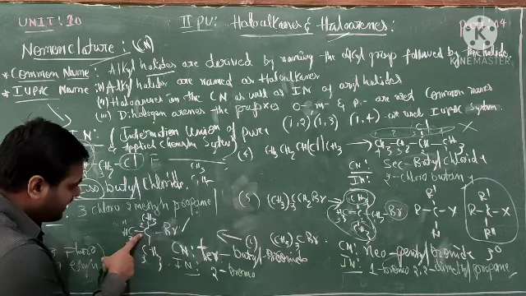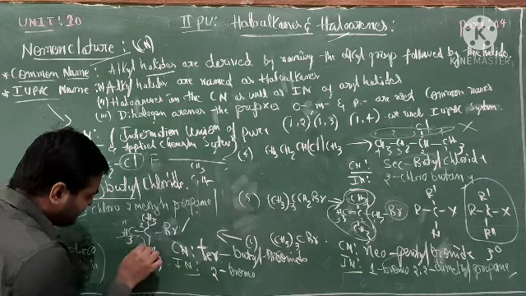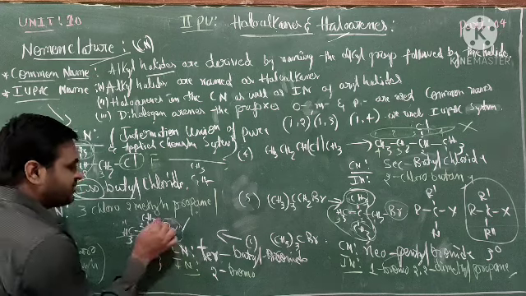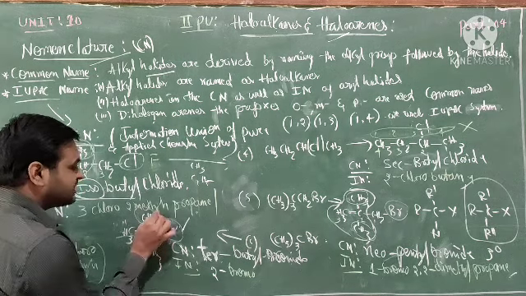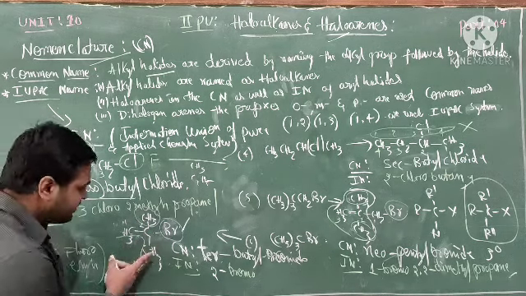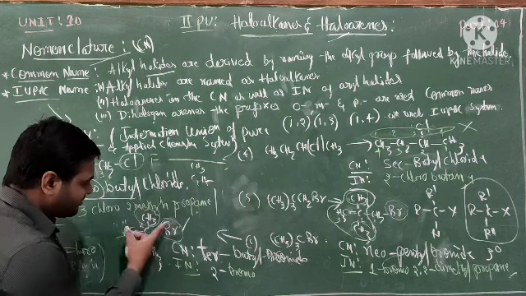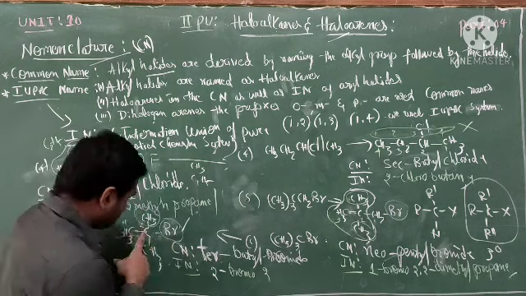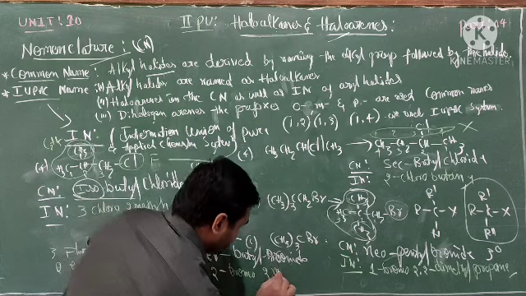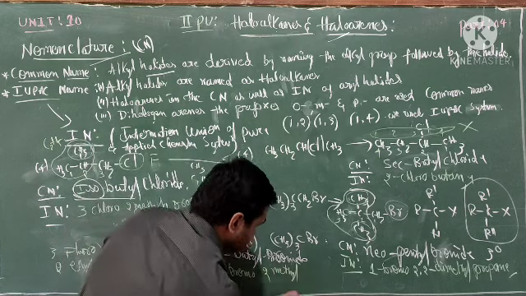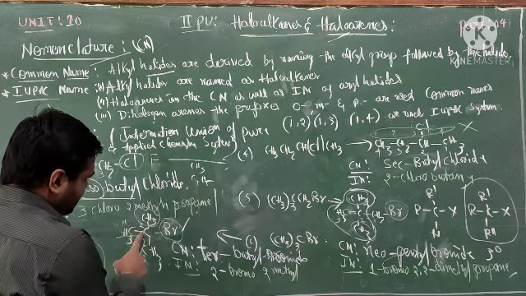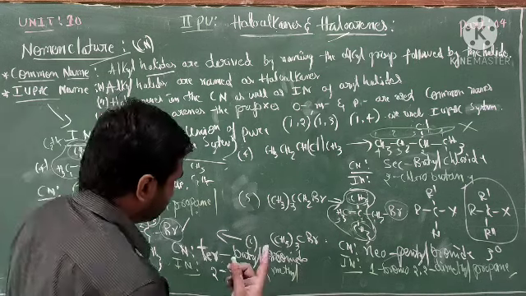Then you consider this one. This is a substituent group, bromo. This is also a substituent group. So one more: this is 2-methyl and 1, 2, 3, where 3 means propane.